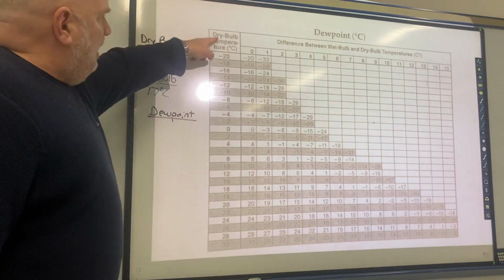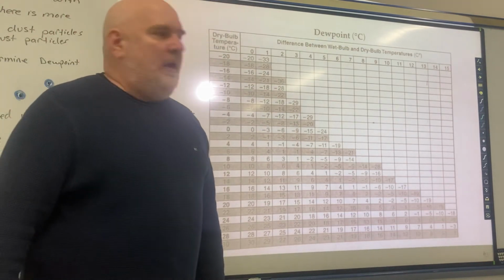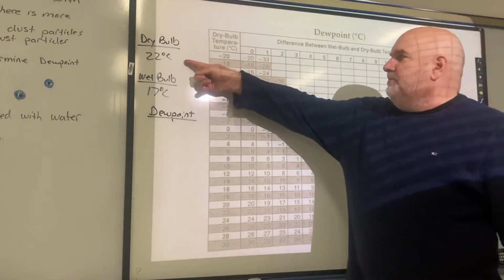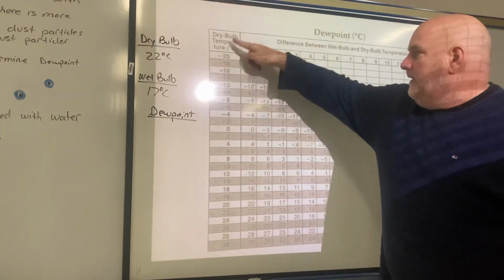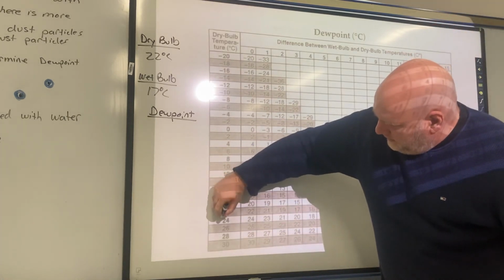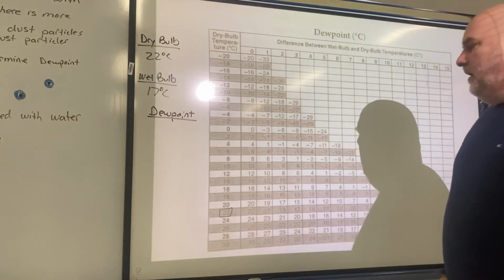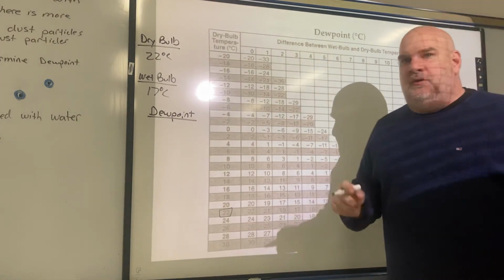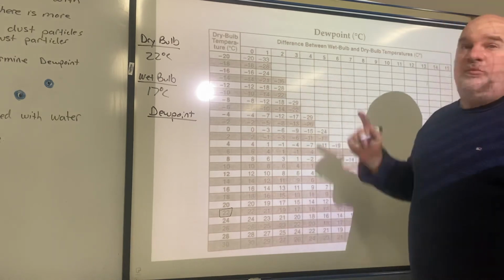The dry bulb temperature is the same thing as the regular air temperature, so on this chart my dry bulb temperature is 22. Right here is where people frequently make mistakes: I do not look up the wet bulb.